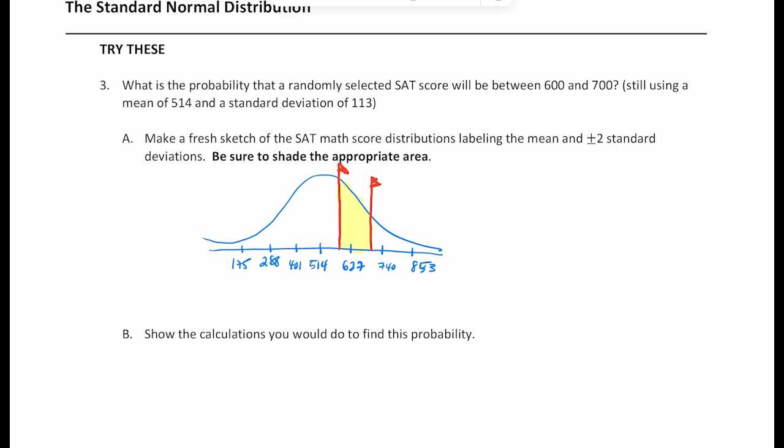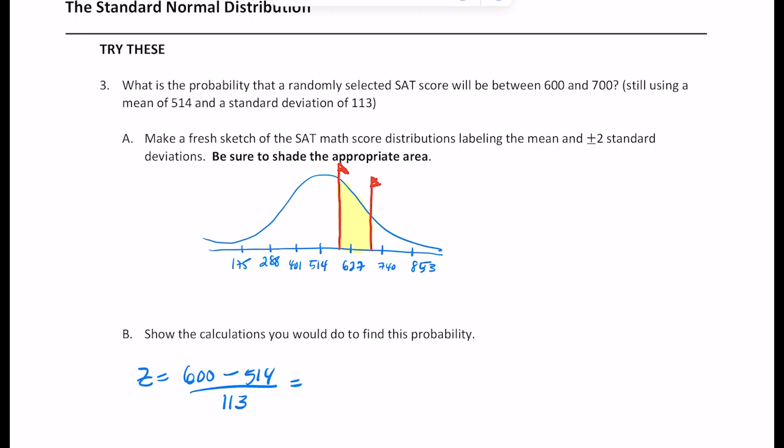Okay, so I can't use the empirical rule because, as you can see, we're not exactly one standard deviation or 2 or 3 standard deviations away. So I need to find my z-scores first. So first we're going to find the z-score for the score of 600. So for 600, it's going to be the value minus the mean divided by the standard deviation.